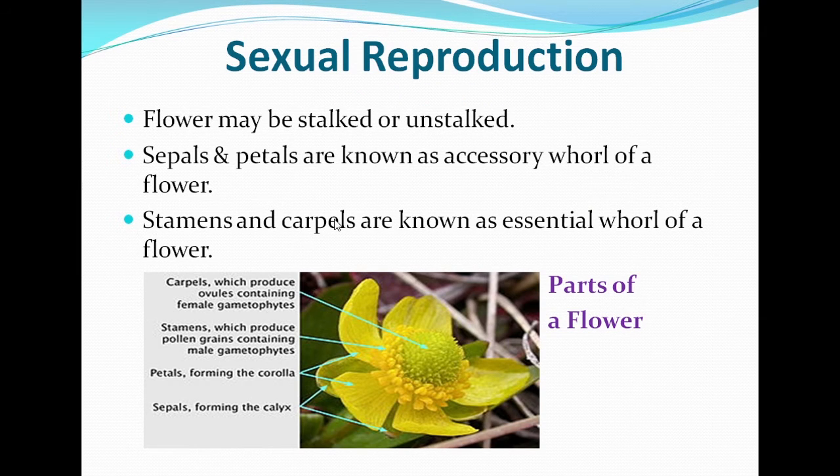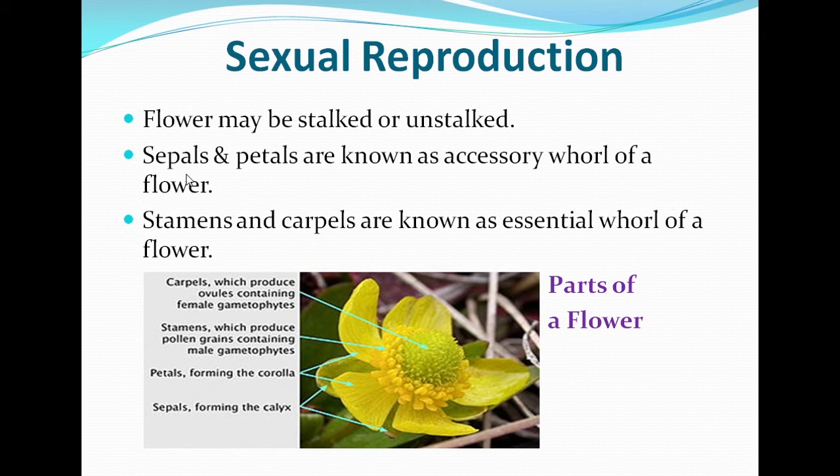Now, flowers may be stalked or unstalked. That means some flowers may or may not have stalks. A flower with a stalk is known as a stalked flower, and if it has no stalk, then it is called an unstalked flower.